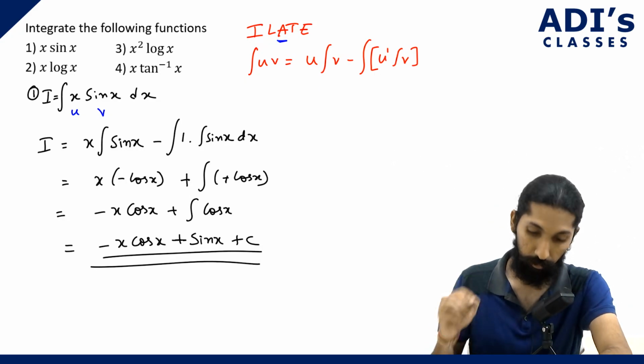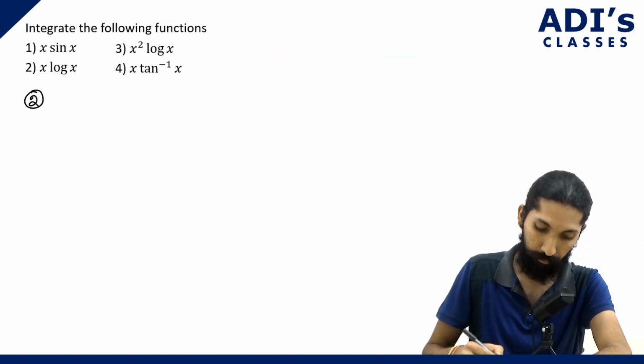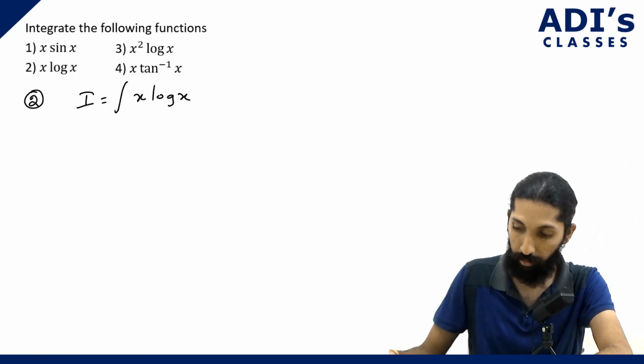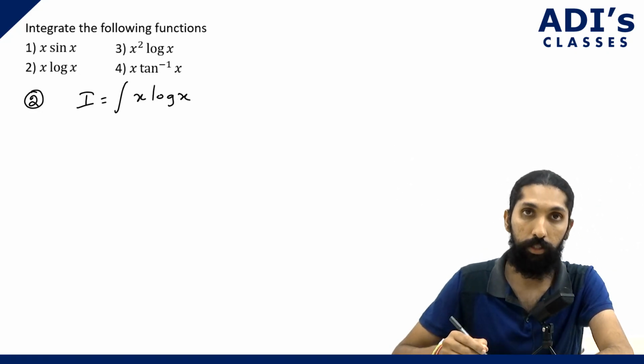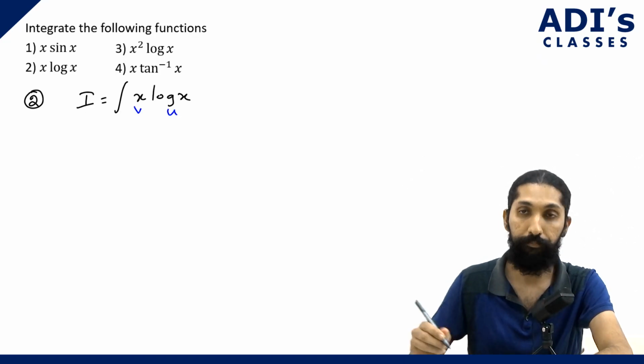Now let's do the second one. See, in the second one, I is equal to the integral of x log x. Now here the first function becomes the log function, correct? So this is u, this is v, right?